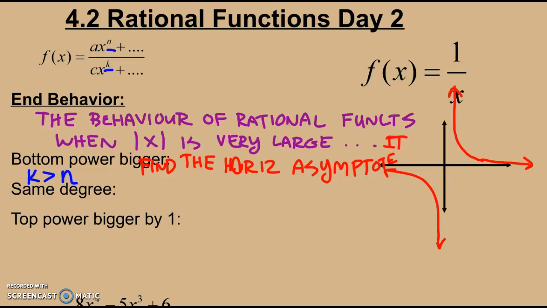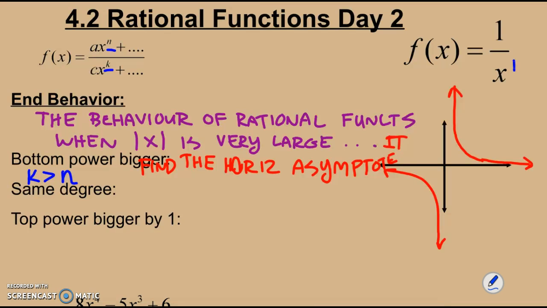It's going to go to 0. Look at this function right here that we just looked at. Does that have a bottom degree that's bigger than the top? What's the degree of x right there? The degree of x is 1. Is that bigger than the degree of the top, which is x to the 0? Yes, it is. What happened when we put in the absolute value of a really big number? It went to 0.